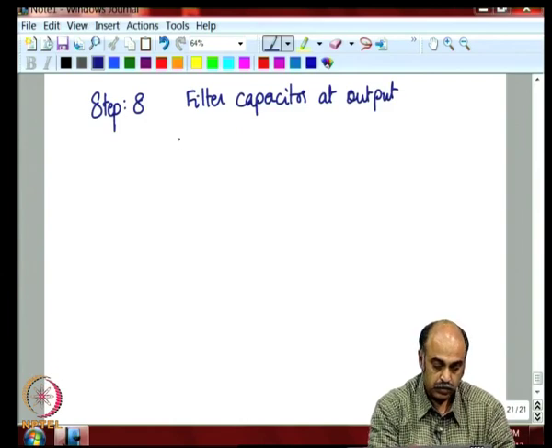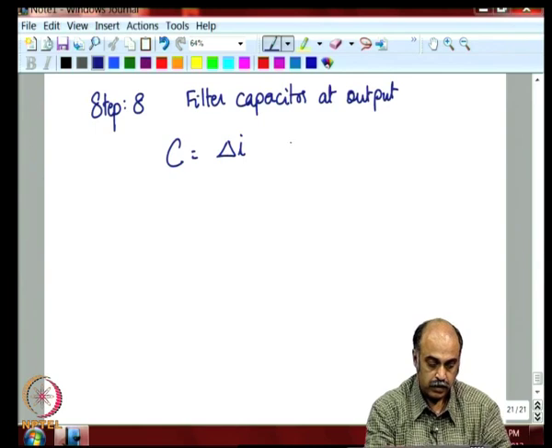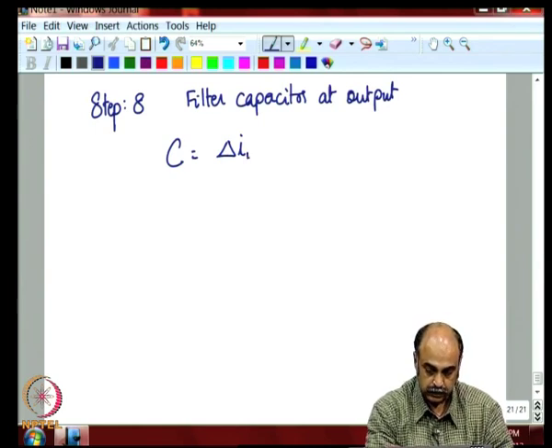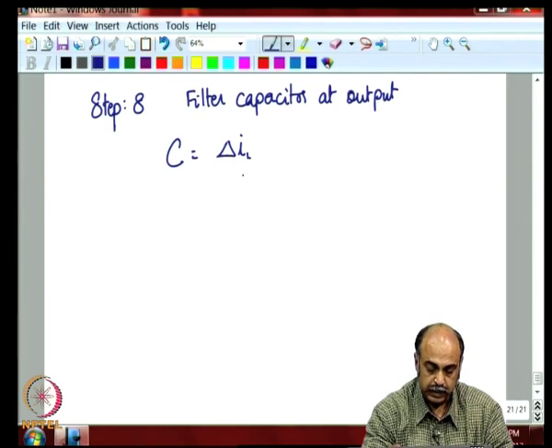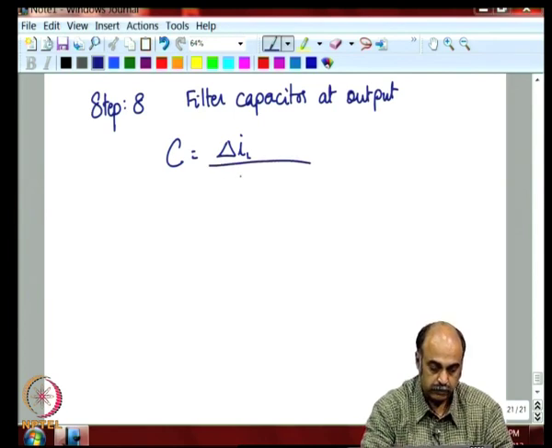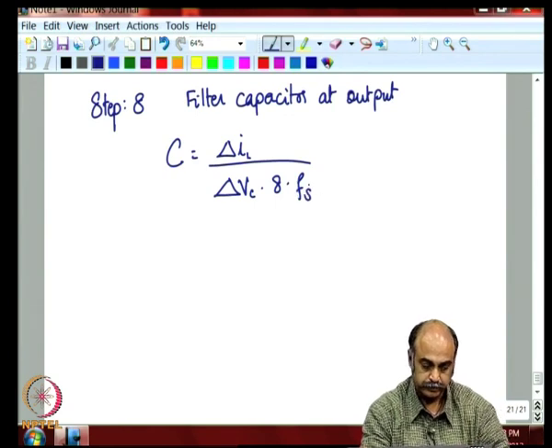So, where you have C, which is delta I L. This is what is flowing through the inductor, and the AC part flows through the capacitor, DC part to the output, divide by delta V C that you need to give into 8 into Fs.